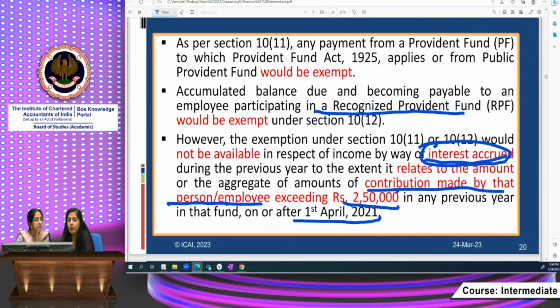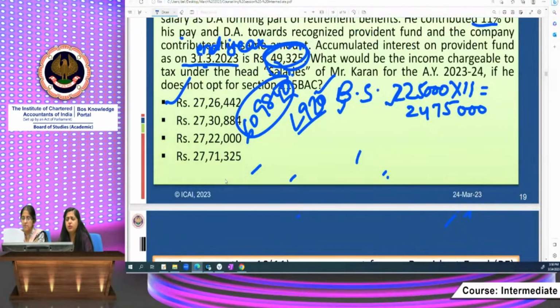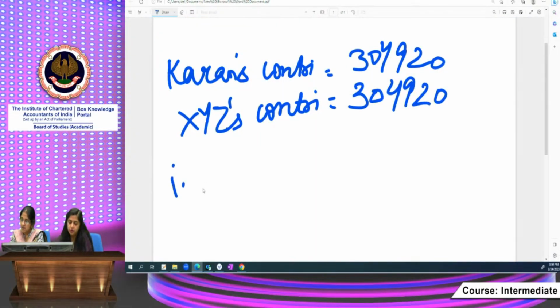So if the employee has contributed, suppose, 3 lakh or 5 lakh, then the interest he gets from the recognized provident fund on the portion of contribution exceeding 2,50,000 is taxable. But here, the amount of interest which is taxable is not clearly visible. In the question, it is given that interest on this PF as on last date is 49,325. So total interest.